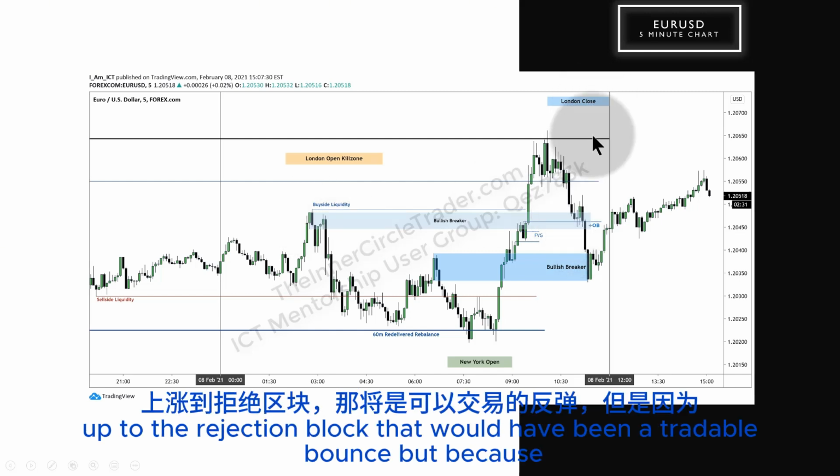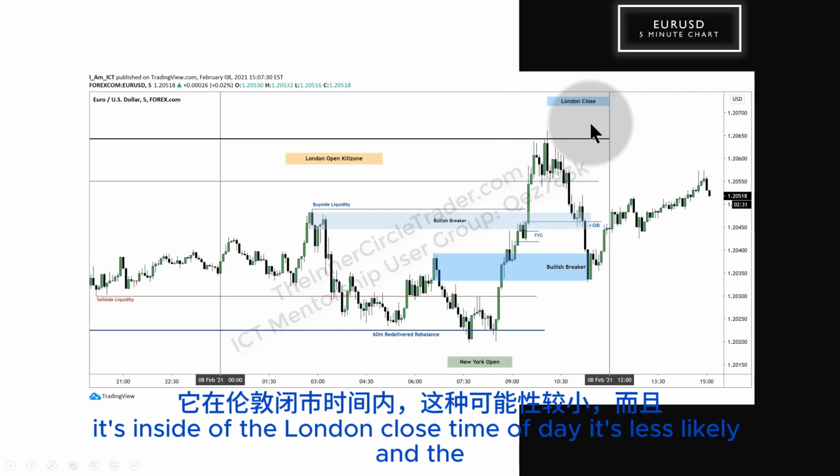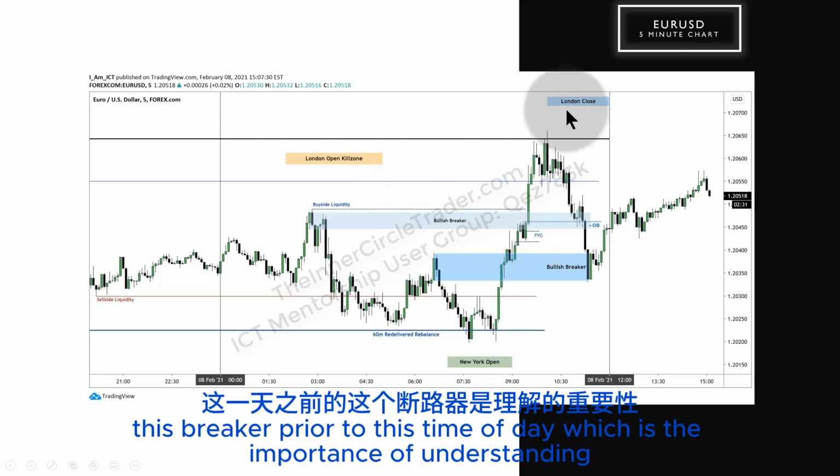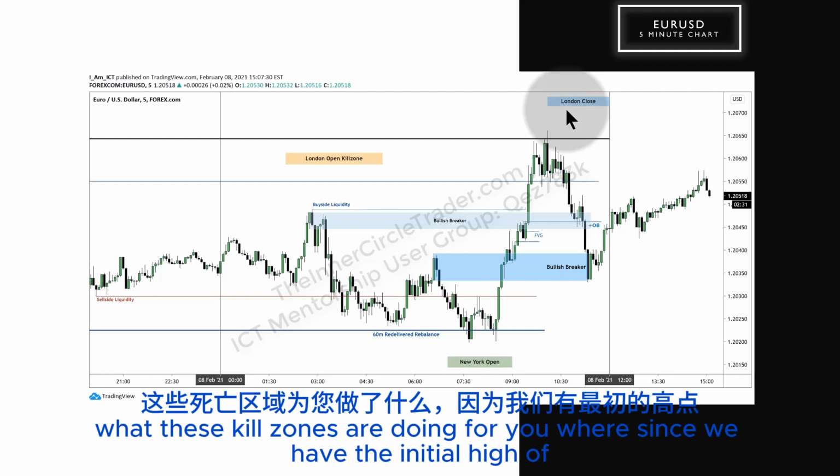Even if it was just going to go up to the rejection block, that would have been a tradable bounce. But because it's inside of the London close time of day, it's less likely, and the probabilities are far less than if it was seen trading into this breaker prior to this time of day, which is the importance of understanding what these kill zones are doing for you.